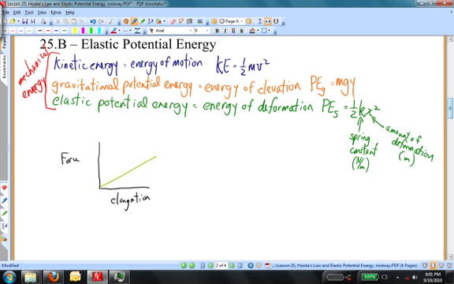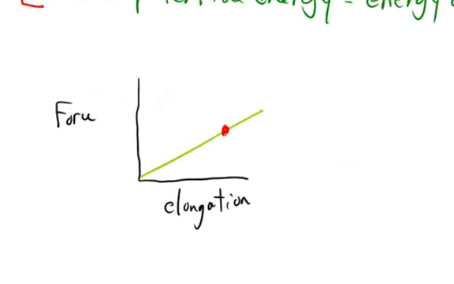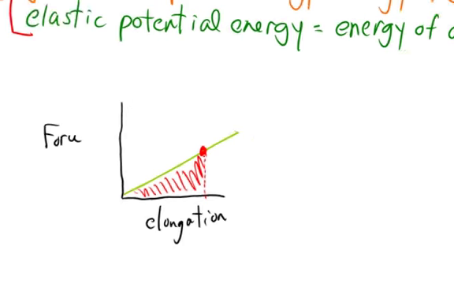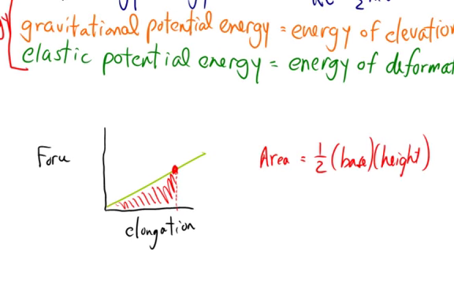So let's say that I wanted to stretch the spring by an amount that was equivalent to that right there. You can see that I have myself a triangle that has a certain area underneath it. And the area of that triangle is 1/2 of the base times the height. Well, the force is what the height is, and the elongation is what the base is.